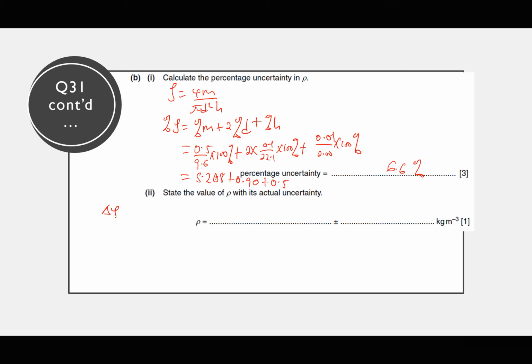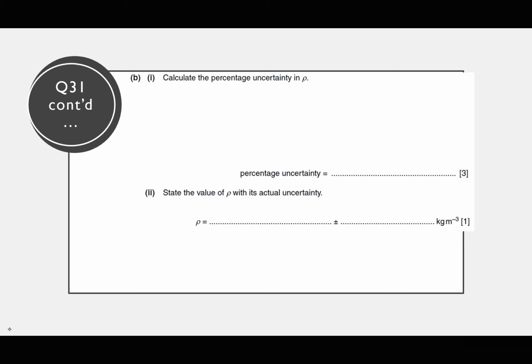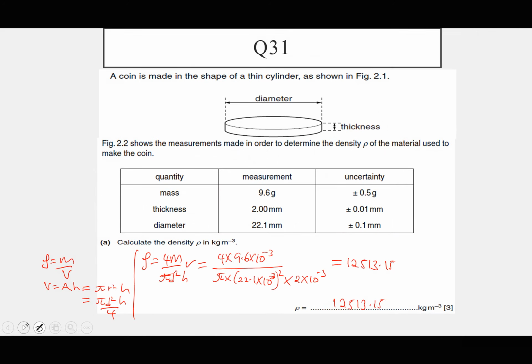So absolute uncertainty in density is going to be the percentage 6.6 divided by 100 times the true value of density. I think we got the true value of density on our previous page. Let's just go back slightly. This is 12513.15.